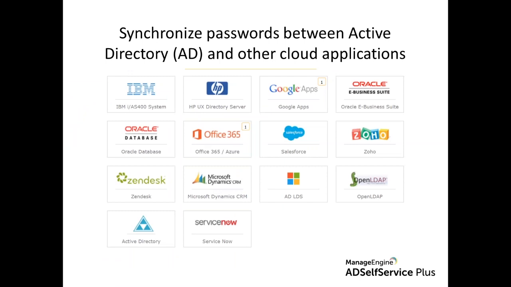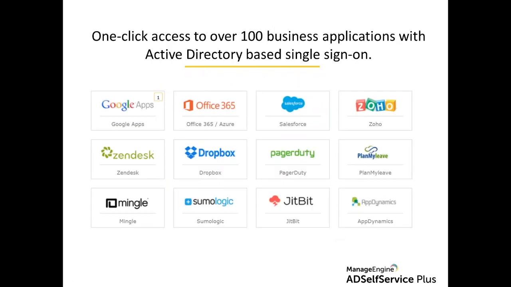All right, moving on to the final leg of today's webinar, we are going to be talking about one-click, easy, seamless access to not one, not 10, but 100 business applications with Active Directory based single sign-on.